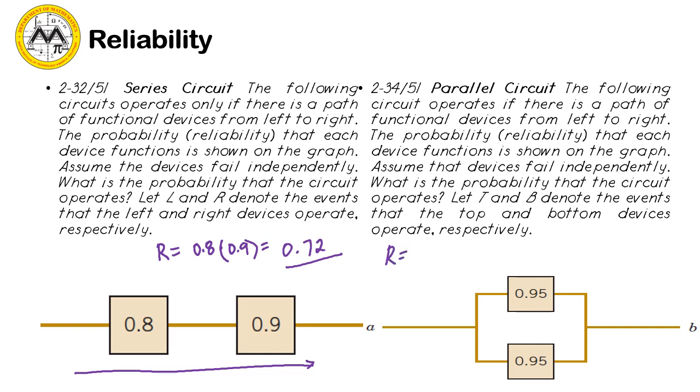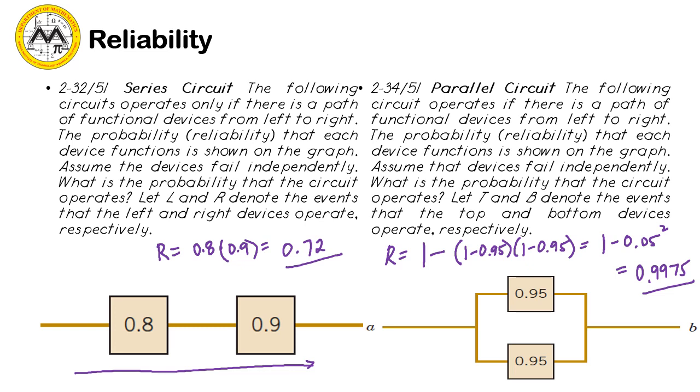So the reliability is 1 minus 0.05 times 0.05. So this is 1 minus 0.05 squared, equal to 0.9975.